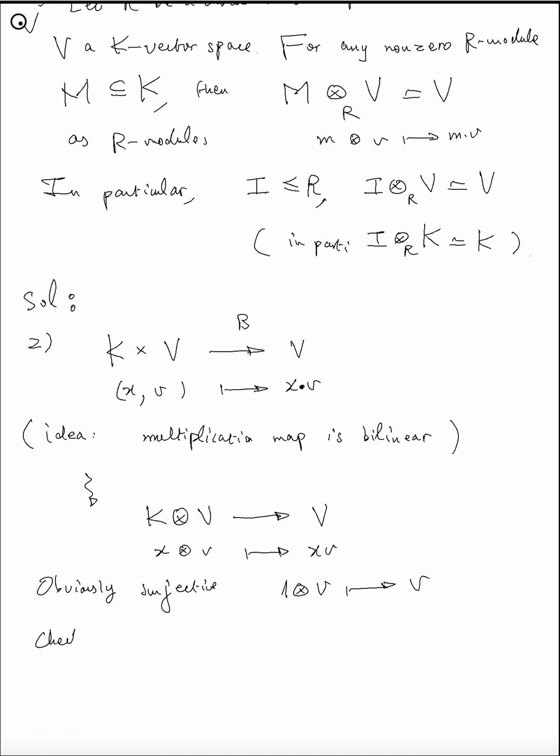So now let's check the injectivity. Here comes the trick. Let's call this map F. First thing, any element of K tensor W is an elementary tensor.